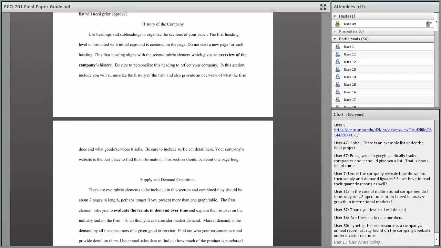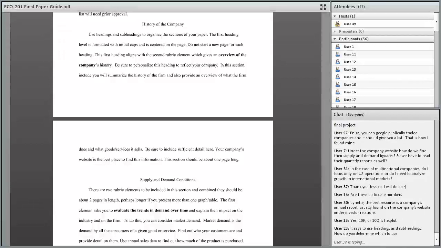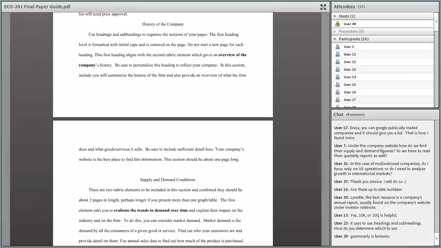Since the content is pretty straightforward for milestone 1, make sure you run a spelling and grammar check before posting. There's a lot of words that are spelled correctly but in the wrong context, and if you run the grammar check, it will catch those mistakes.